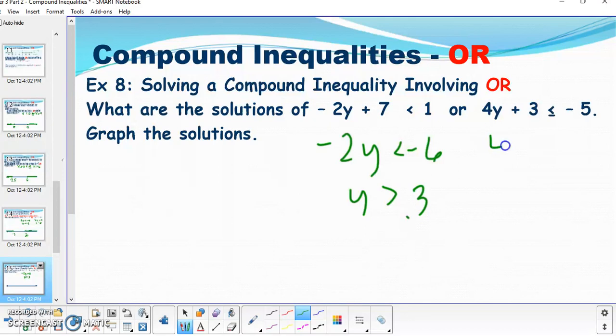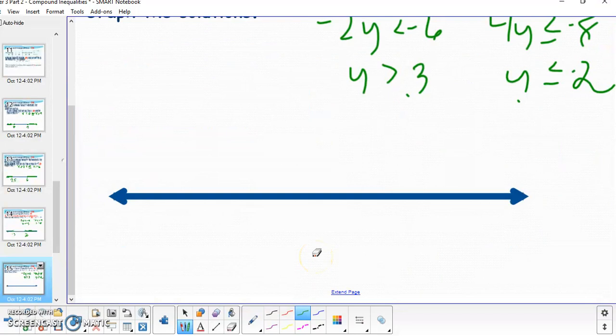Here I subtract 3 from both sides, and I get -8. So y is less than or equal to -2. My signs are going in the opposite direction. Closed circle at -2, shading in the direction of the inequality. Open circle at 3, shading in the direction of the inequality sign.